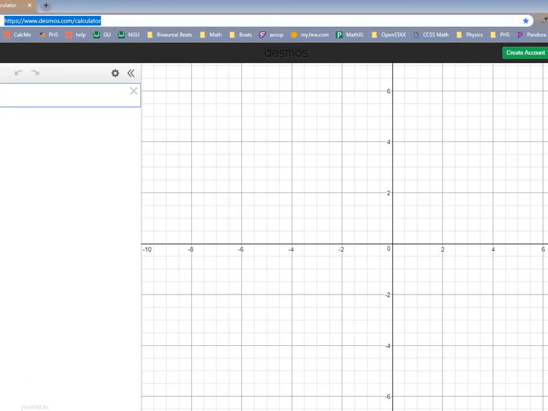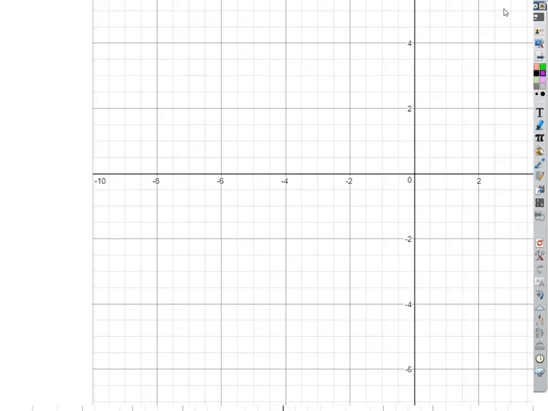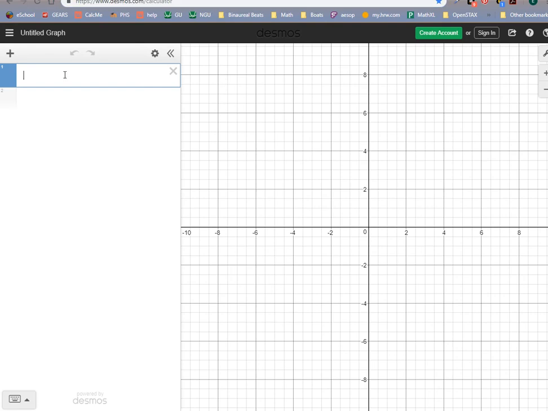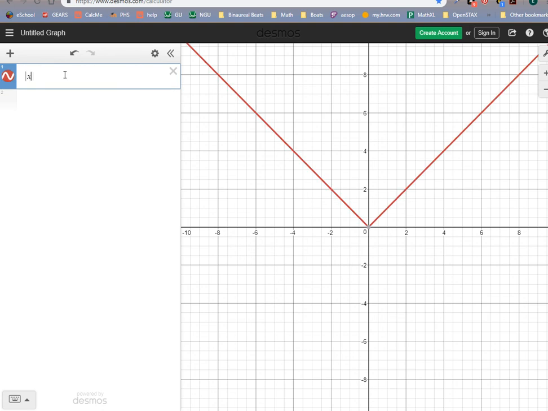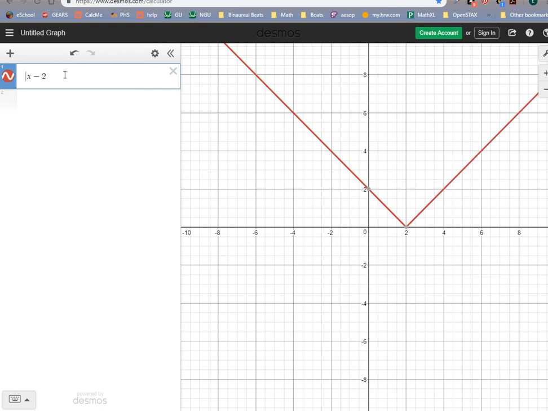Okay, so absolute value, how do I do that? Absolute value x minus 2, there it is, right? Okay, well look what this looks like right there.